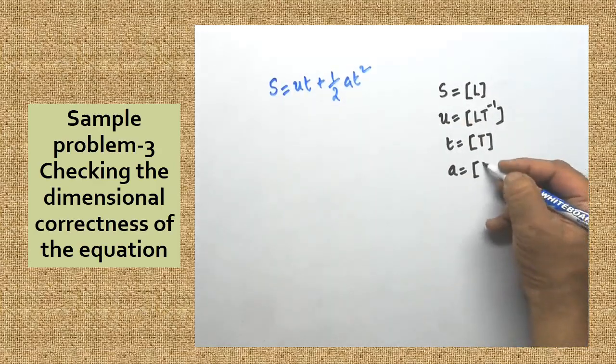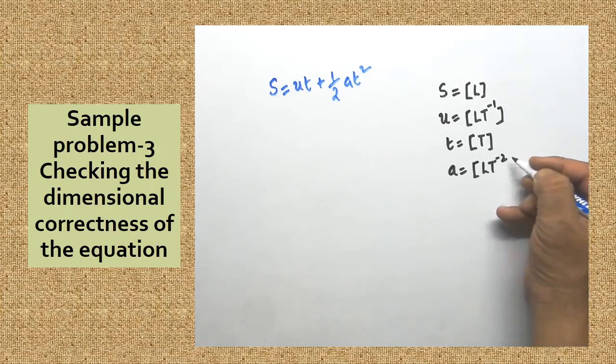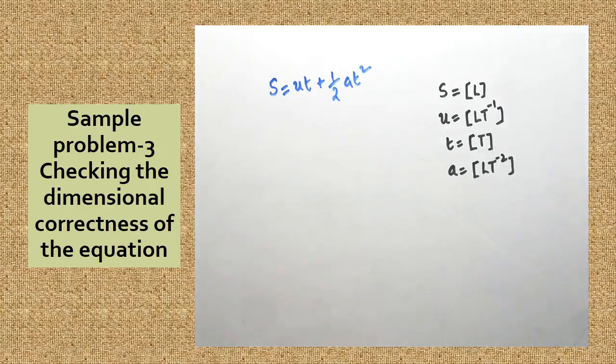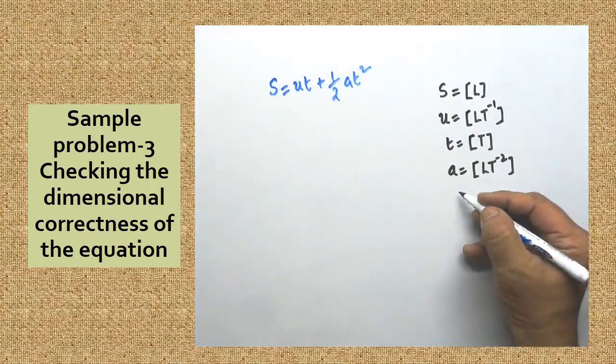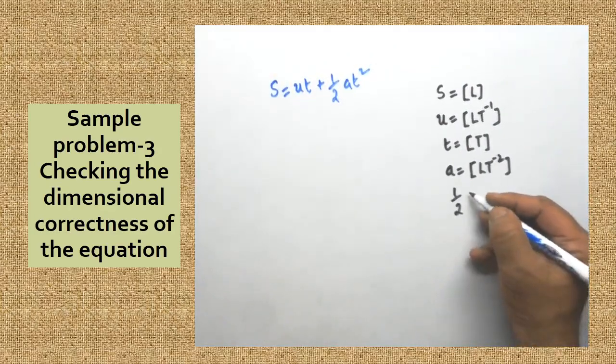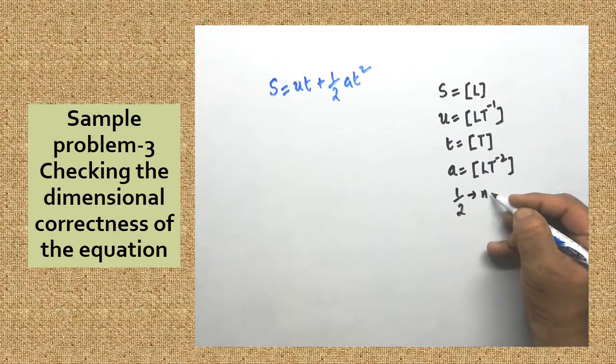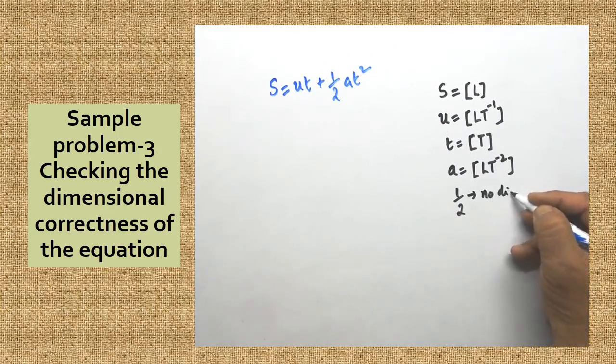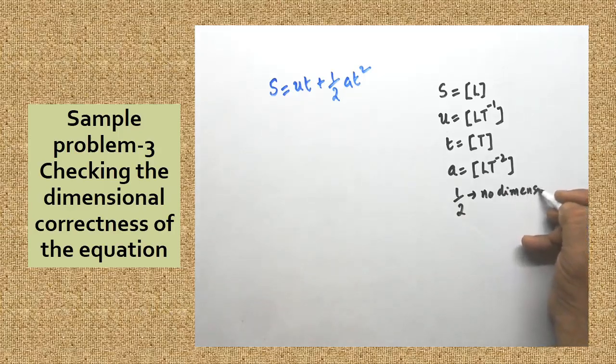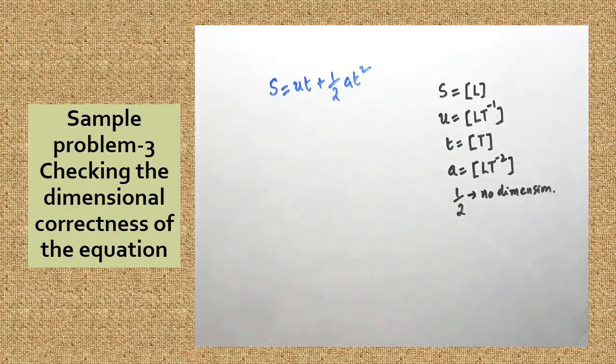A dimension is acceleration, LT to the power of minus 2. And most important thing is that half is a number. That half number, it has no dimension. That must be mentioned here. Are you clear? That half has no dimension. That should be mentioned here.